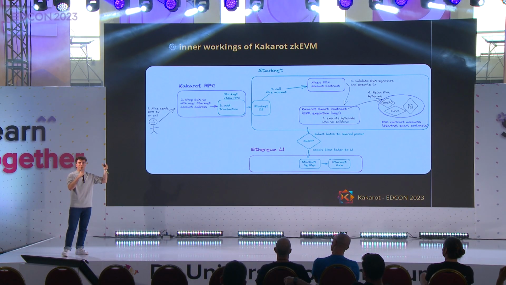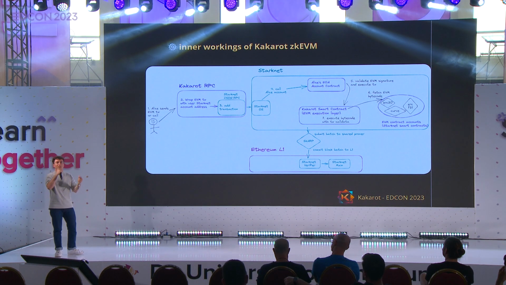And essentially, when you build a ZK system, you have two ways, roughly, of allowing people to write Solidity or any EVM language, and then outputting validity proofs. You can have a system that is able to watch transactions of EVM and prove them, or you write Solidity, transpile it to a zero-knowledge provable language, and then run your system.